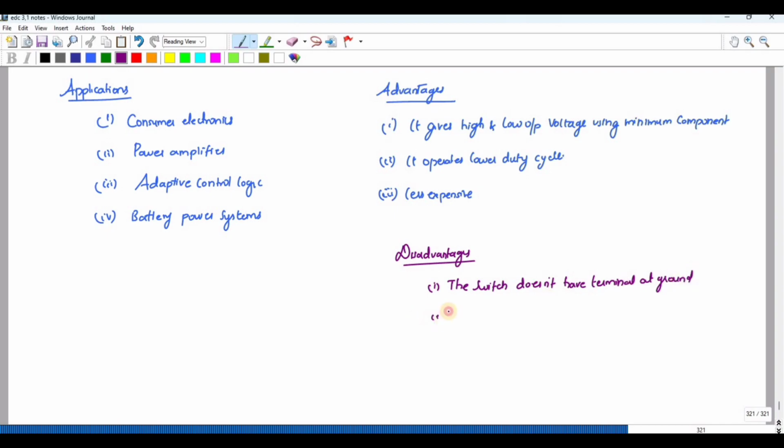And next, since the output is inverted, this results in complex sensing and feedback circuits.